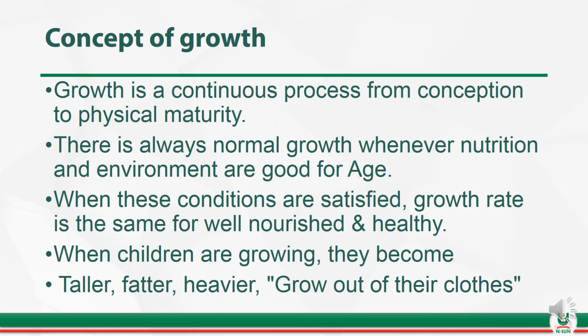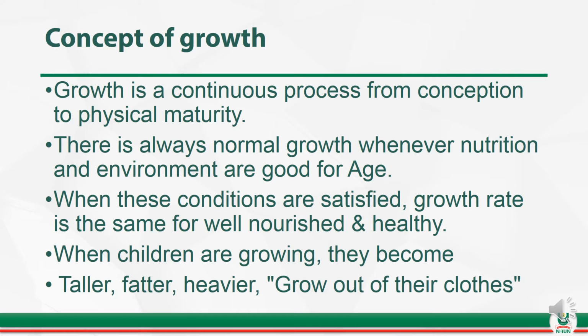So when we talk about growth, it's usually a continuous process from when a child is conceived, and when a child is born, gradually to physical maturity. There's always what we call a normal growth whenever the nutrition a child takes is right, and the child is also in a good environment for that age.